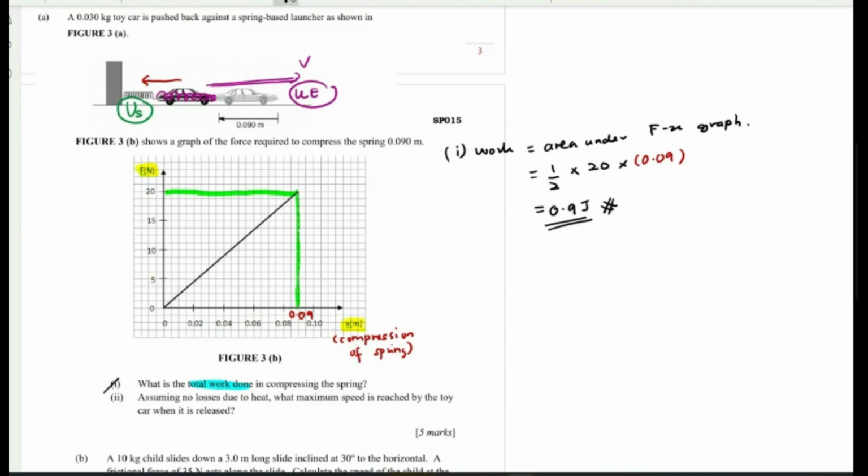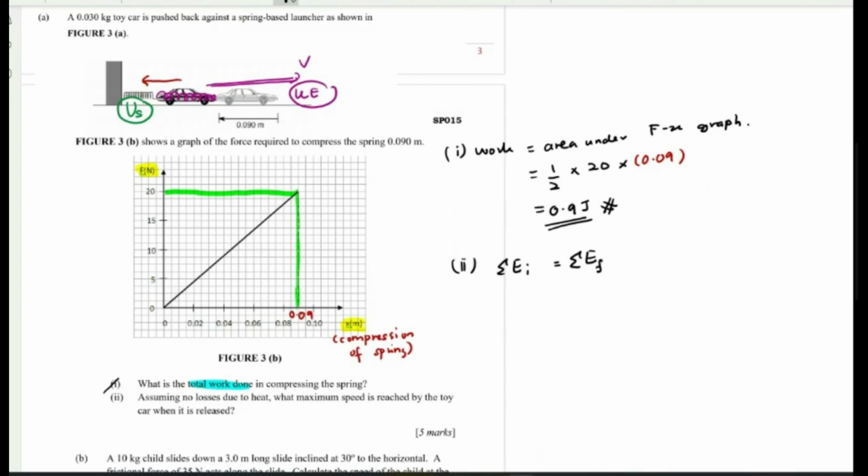Okay. So assuming no losses due to heat, what maximum speed is reached by the toy car when it is released? So question number 2 is about conservation of energy. Total energy initial equal to total energy final.